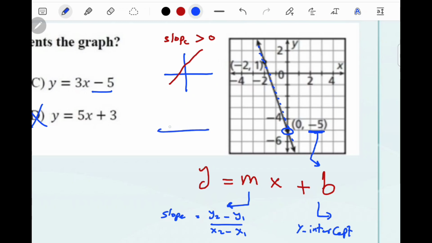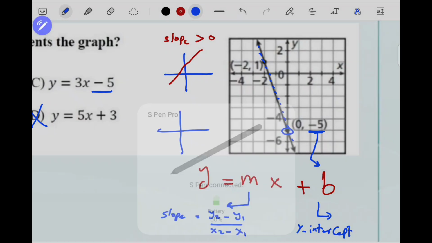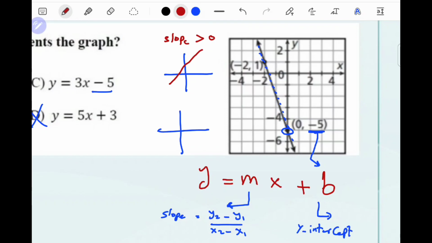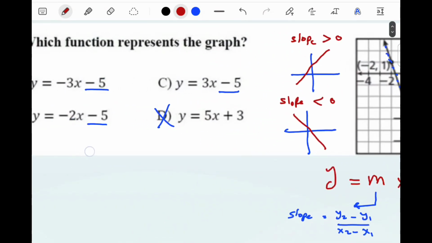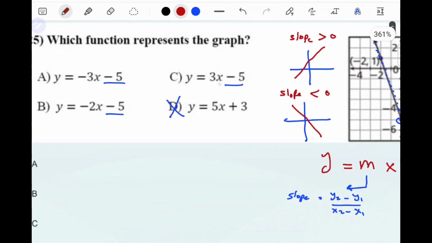And if you have a line that looks like this, then it has a slope which is negative. This line has a slope that is negative, which means that this option is positive, so we can exclude this one from our options. So we have two options, either A or B.